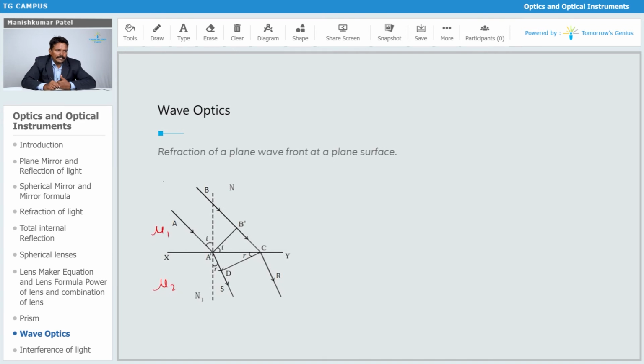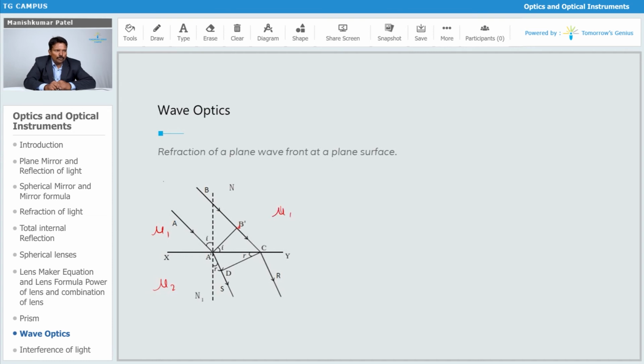So its velocity is different in the second medium, but at the same time the wave at B1 is still in the first medium, so they are traveling with different speeds.